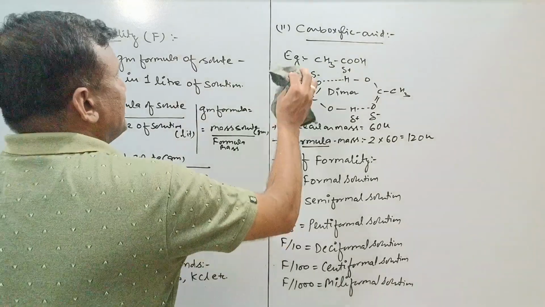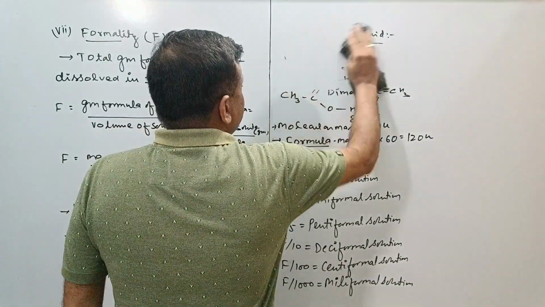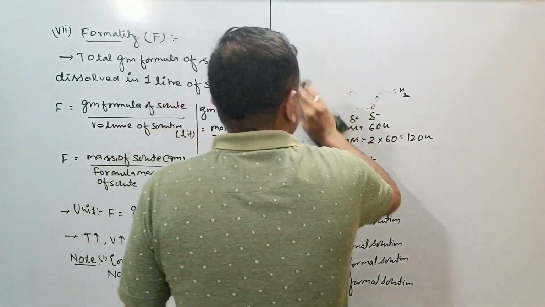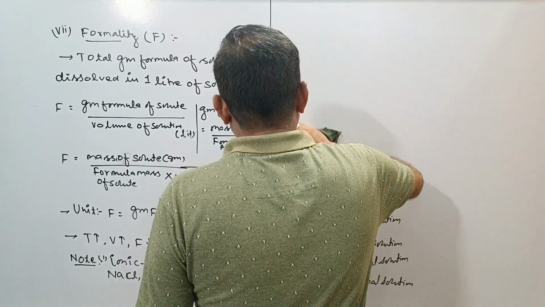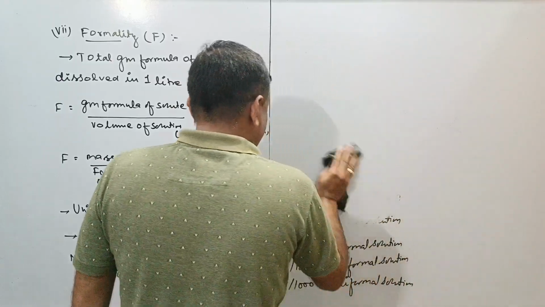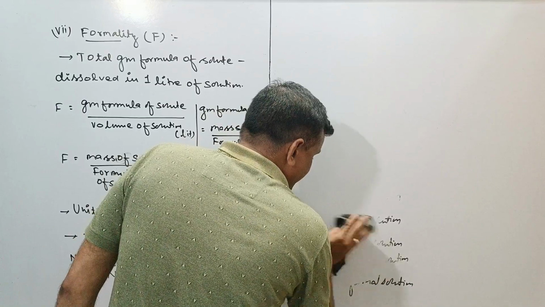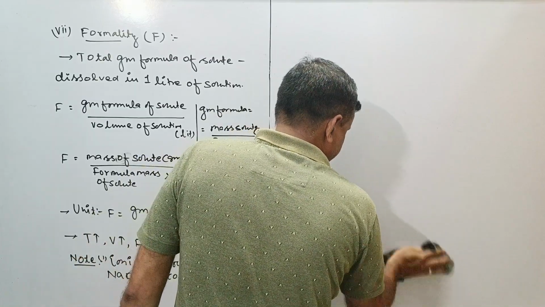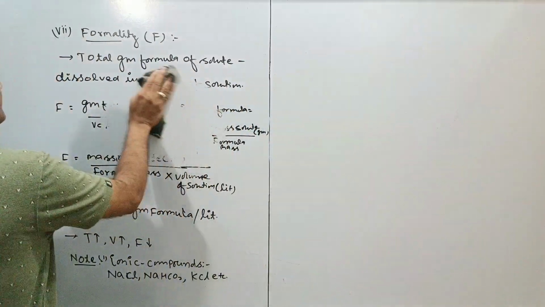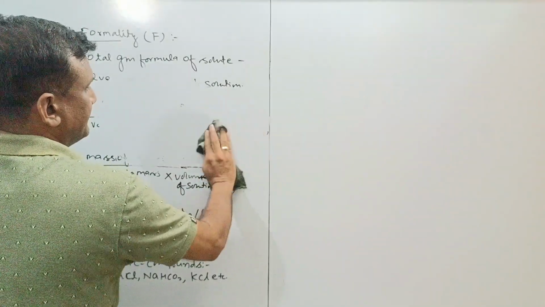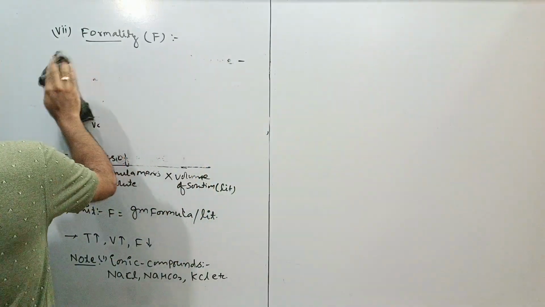Now it's time to discuss some questions regarding formality, and after that we'll go to the next concentration unit, that is mole fraction. So here we'll take the question regarding formality.